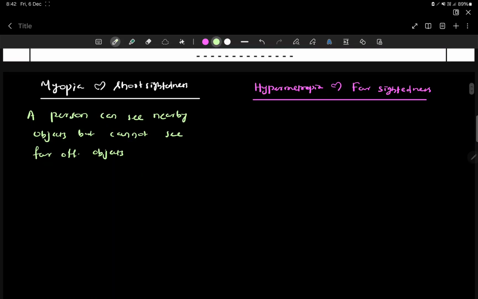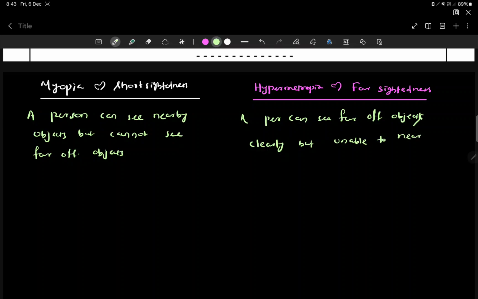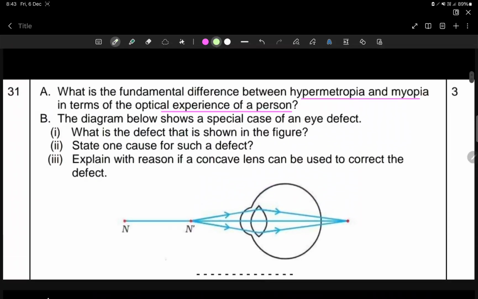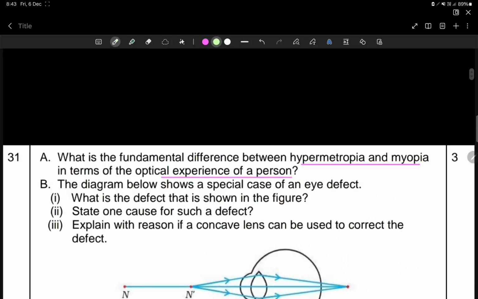In this defect of vision, a person can see far off objects clearly but is unable to see nearby objects clearly. So this is about our bit A question.